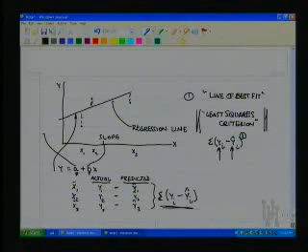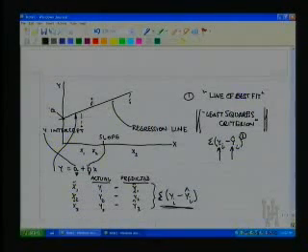A is the y-intercept, see? A is the y-intercept. This value here is A, where the regression line intersects the y-axis, and B is the slope of the line.